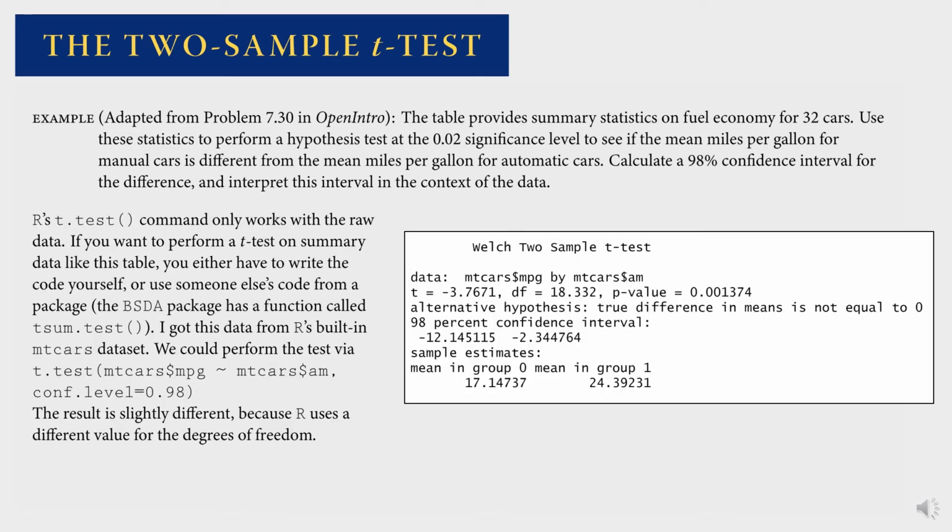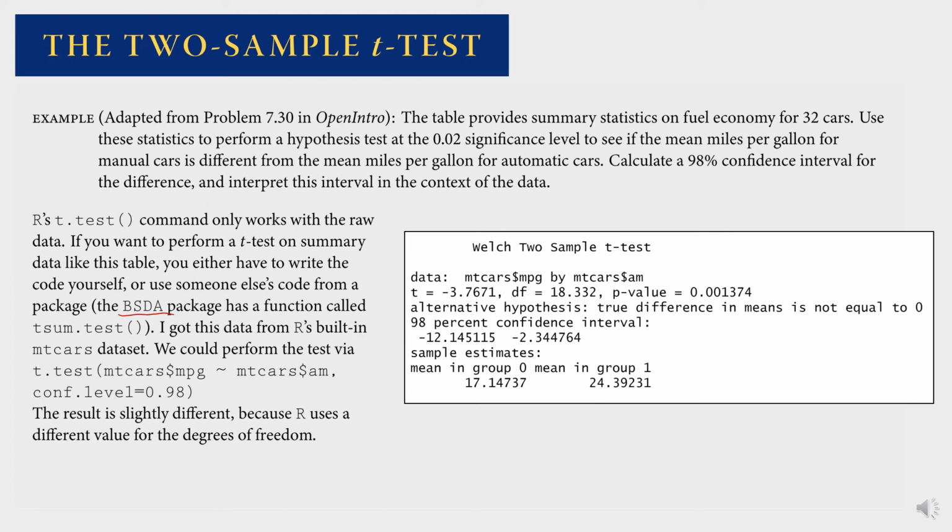The t-test command built into R only works with data. If all you have are the summary statistics in a table, you would need to calculate everything yourself the way I just did, or find a package to do it for you like this one. In this case, I have the data, and the syntax is t.test, continuous variable, tilde, grouping variable.